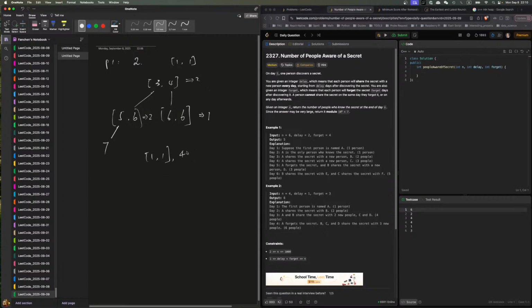What we forget, so this one gives you 0. So this would not survive. But 1, 1, essentially it's just 1. So this will only give you 1. 1 plus 1 is 2. So it starts with 2.